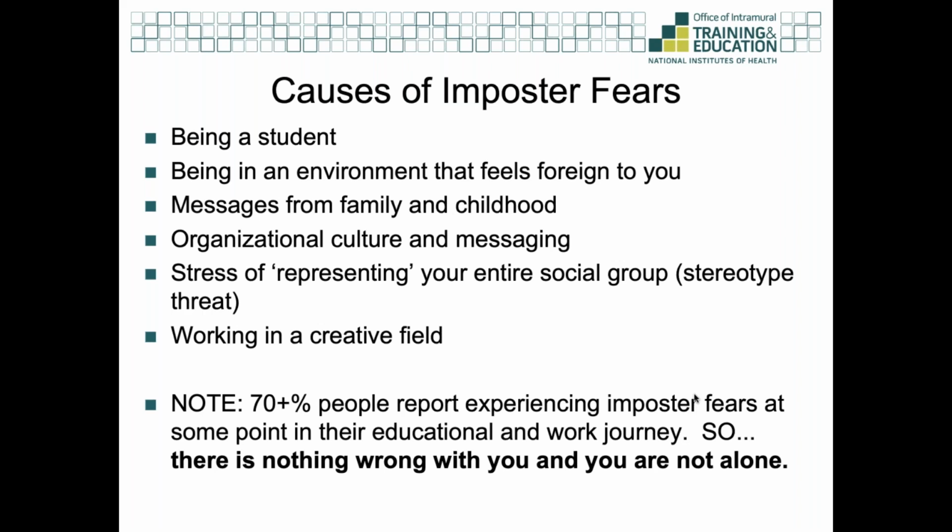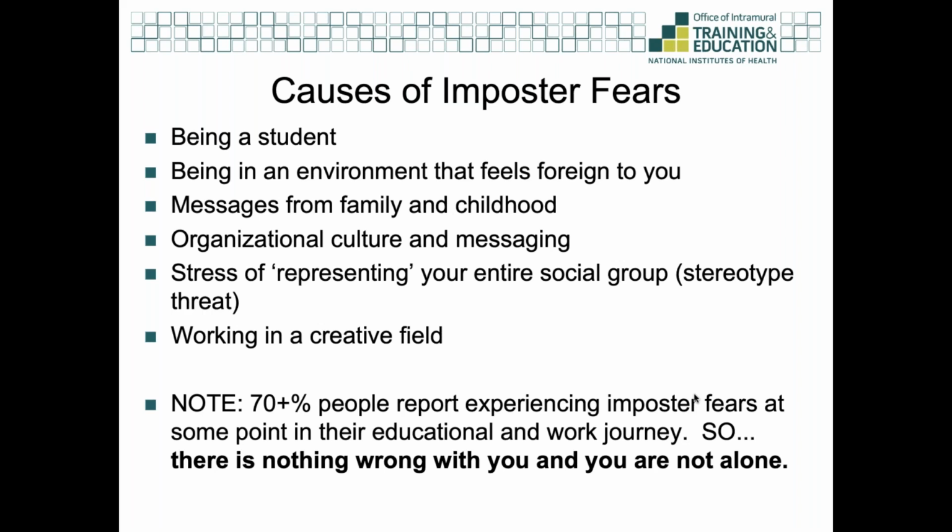The third thing is messages that we get from family and childhood. So if you got a 90 and somebody said, what happened to those 10 points? Or you worked incredibly hard and got a really solid, well-earned B, which is a perfectly good grade. And somebody said, how come you didn't get an A? Right? Those messages drive us towards perfectionism, which drives imposter fears.